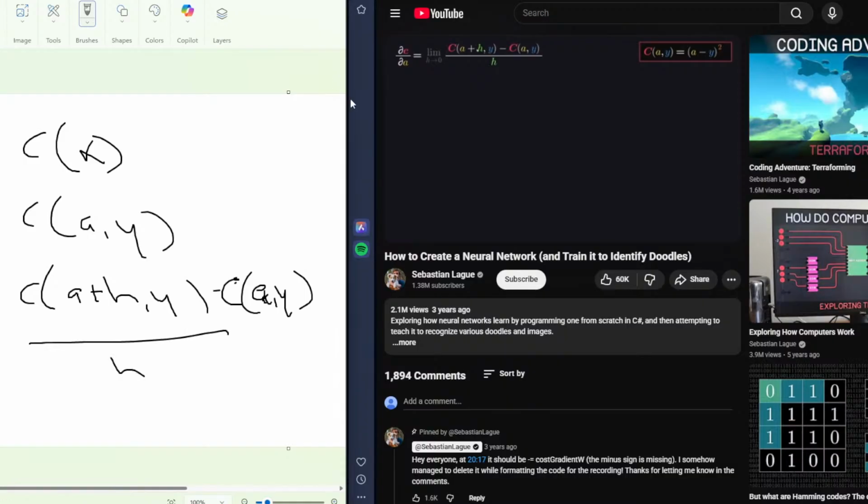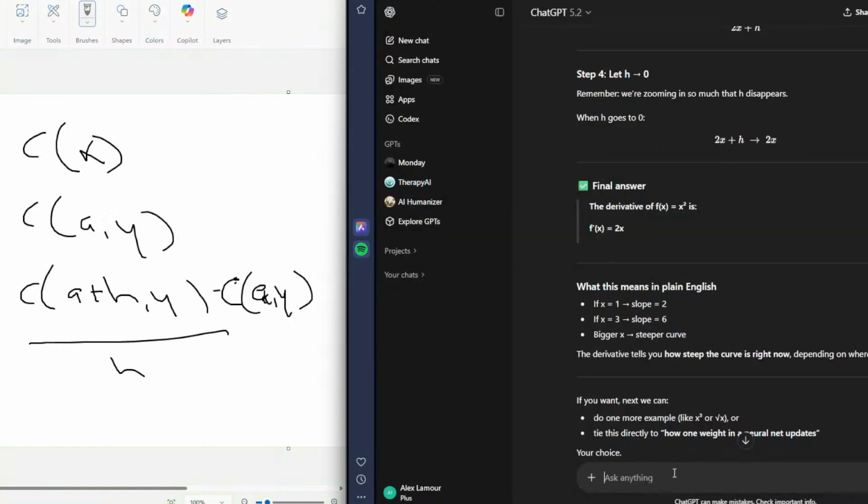Let's try to figure that out real quick. What exactly is this? Why is it (a, y)? What's the mathematical understanding behind that?